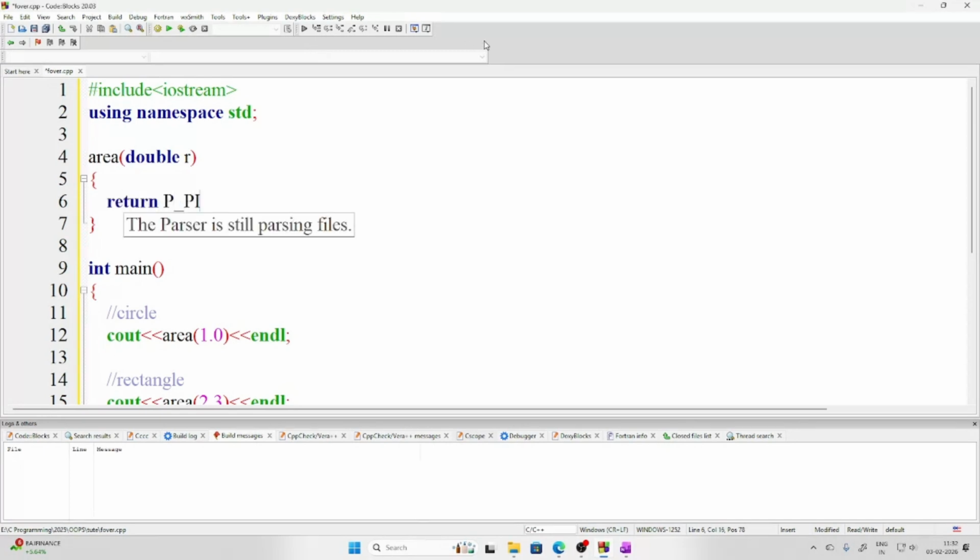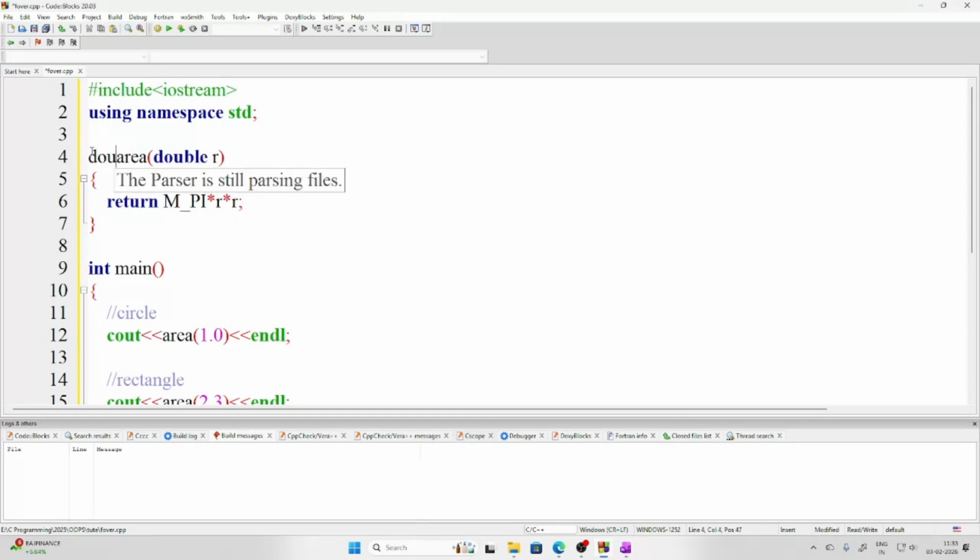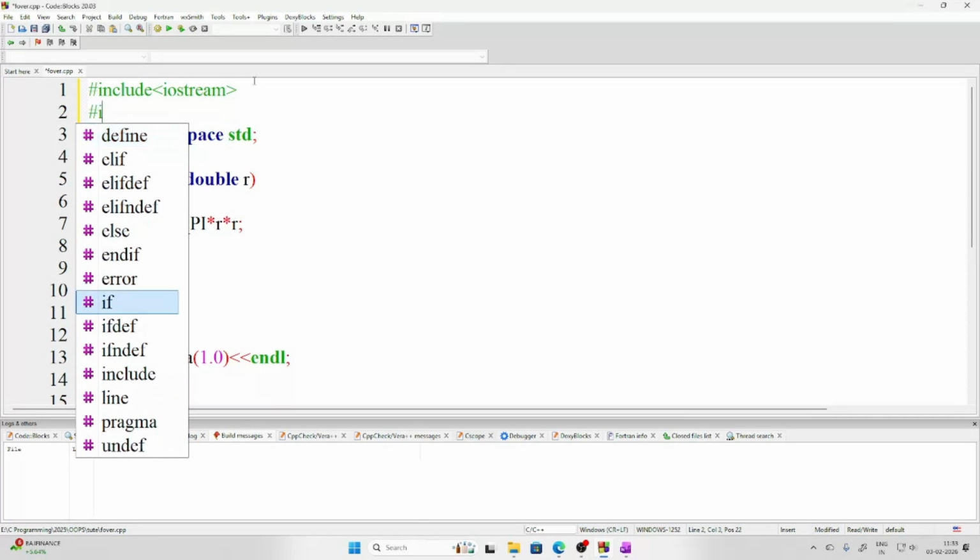So I can write pi into r into r, and this is in double. Okay, this is done. This is for the circle, because only one argument is there, and this math pi will be there in C math.